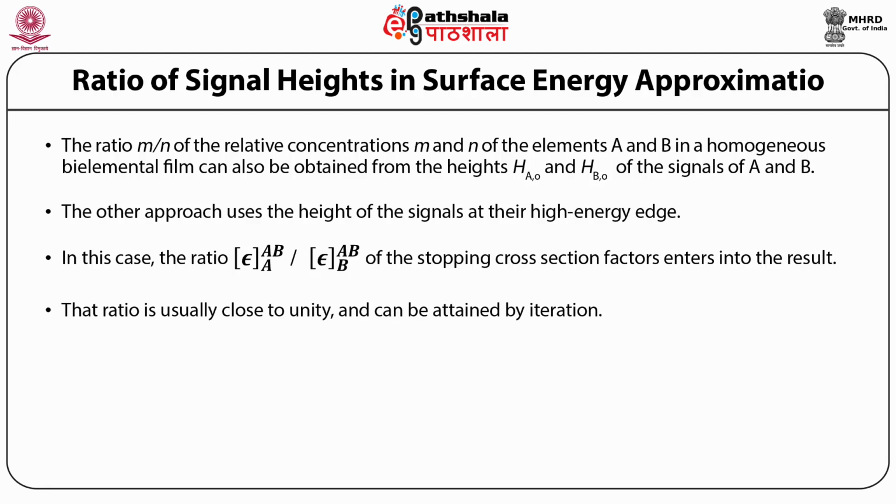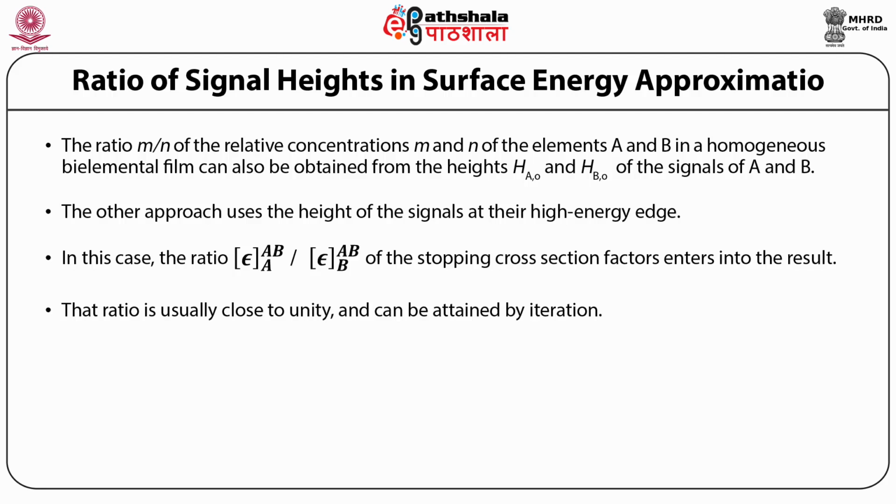That ratio is usually close to unity and can be obtained by iteration. From the knowledge of m divided by n, the relative compositions m and n follow with the condition that m plus n is equal to 1.